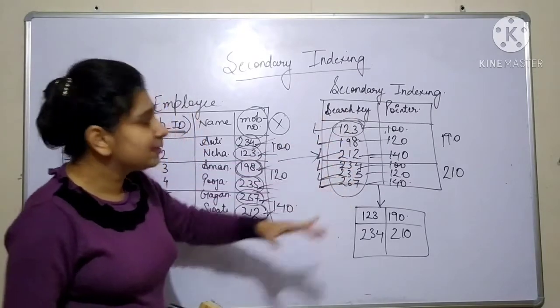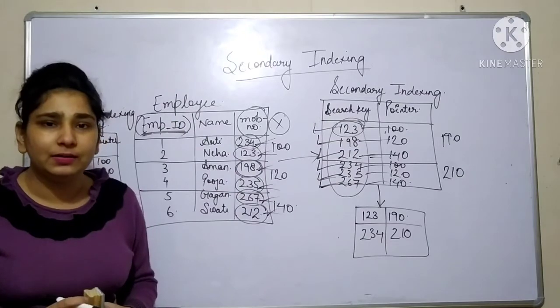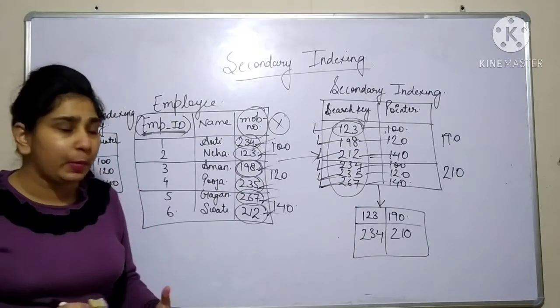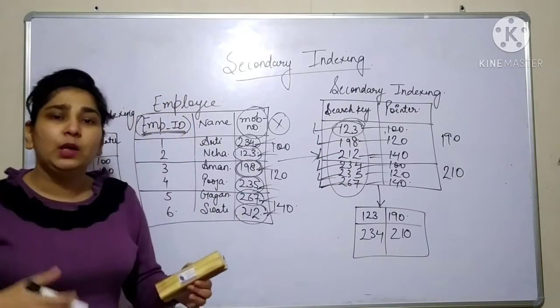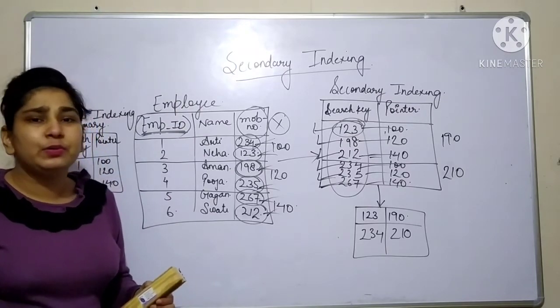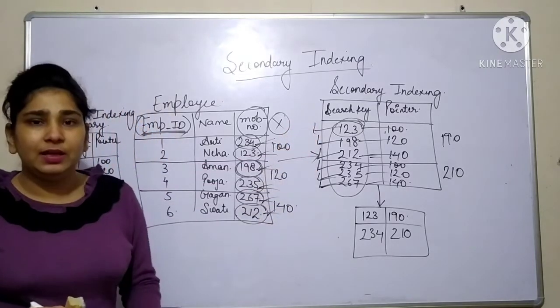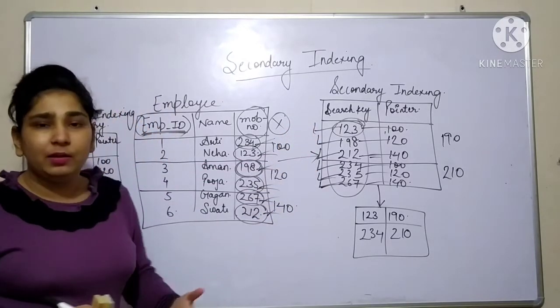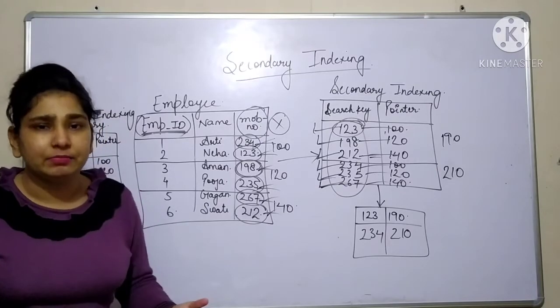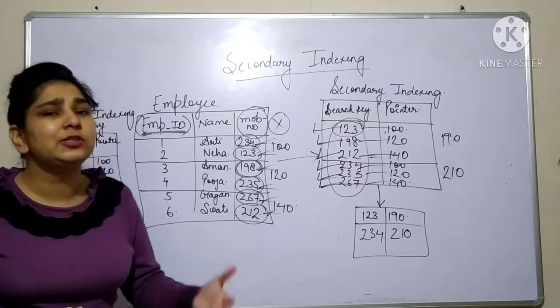As all these search keys are arranged in ascending order in one particular sequence, I am making one more table because I want to reduce the searching time. Having this table alone is not going to reduce my search time.